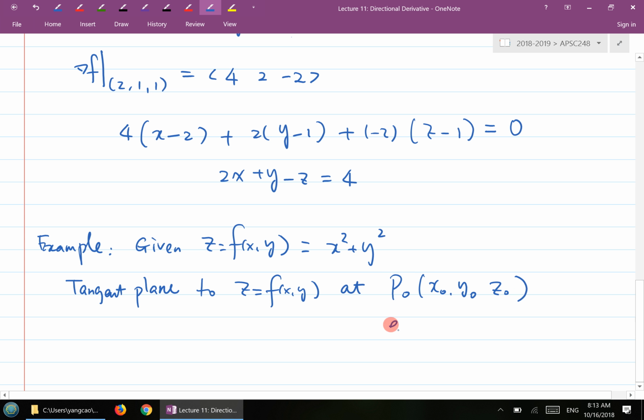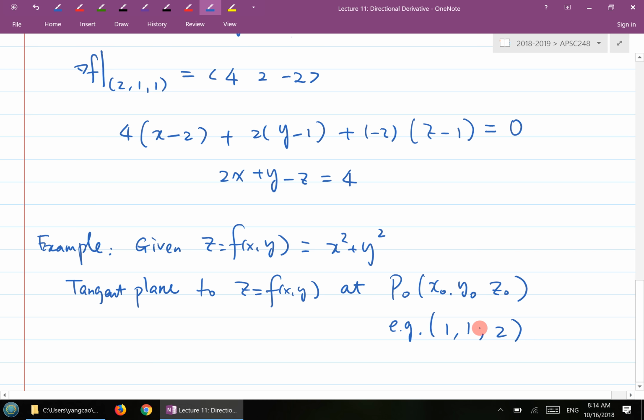Can you give me a point on the plane, for example? If I give you x naught, y naught as (1, 1), what will be the z naught value? 2. Good. So that's an example of a point on the surface. So let's say we try to find a plane to this surface at an arbitrary point or specific point.